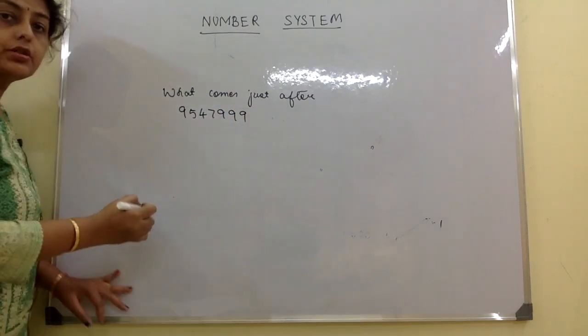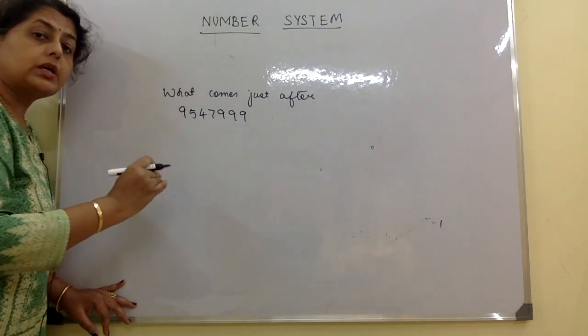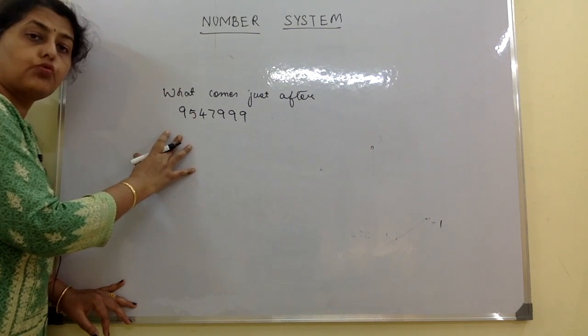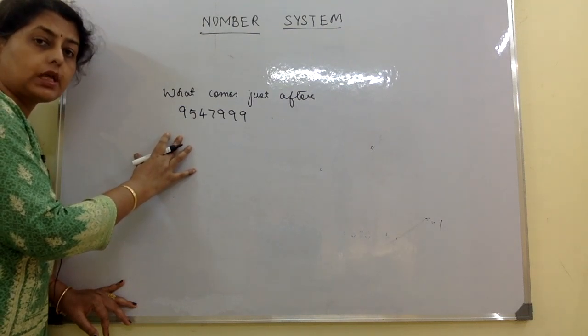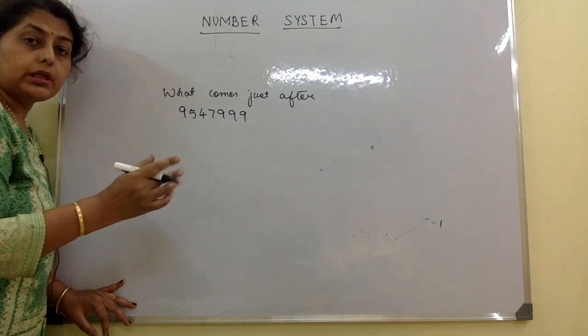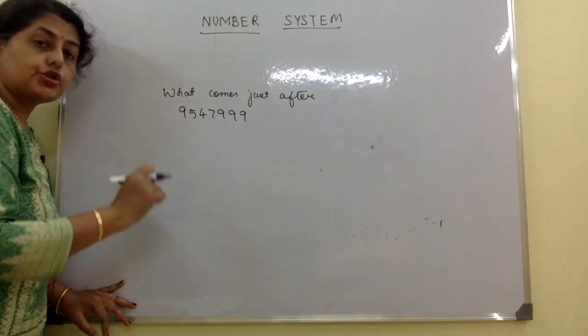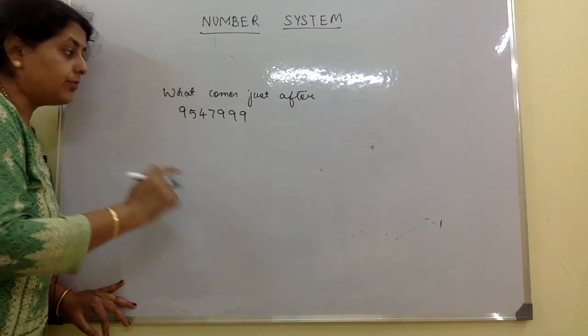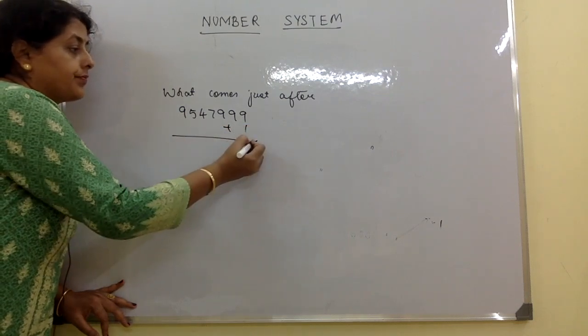Now here is a question that is also commonly asked. What comes just after this? Don't try to do it orally. Even if it comes in an MCQ, you should do it the way I am telling. Just add a 1 to it.